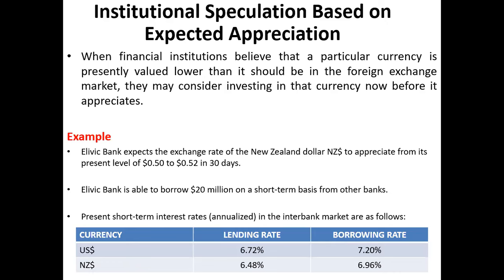Now, if you are going to borrow money from somewhere and lend the money to another jurisdiction, okay, what you need to note is that you always have to borrow from the country where you expect that the currency will depreciate. Let me take it again.